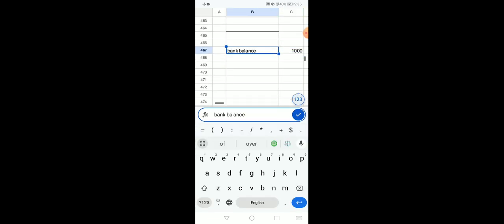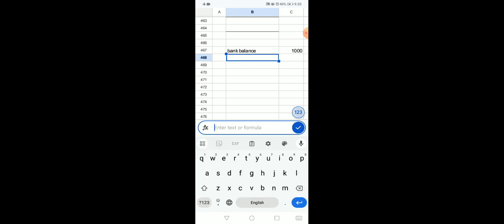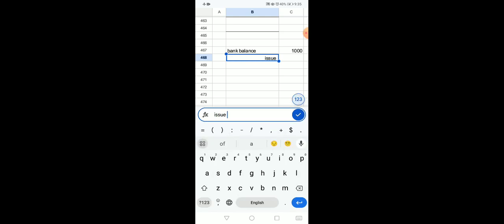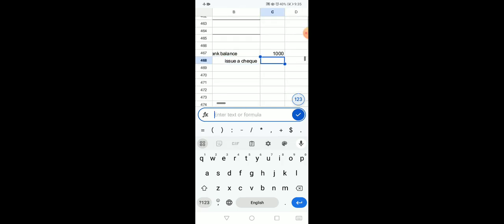You have bank balance of 1000 and you want to issue a check which is having an amount more than 1000. Suppose that amount is 1200. 1100 is also okay, but 1200. So you want to issue a check of rupees 1200 while your bank balance is just 1000 rupees.